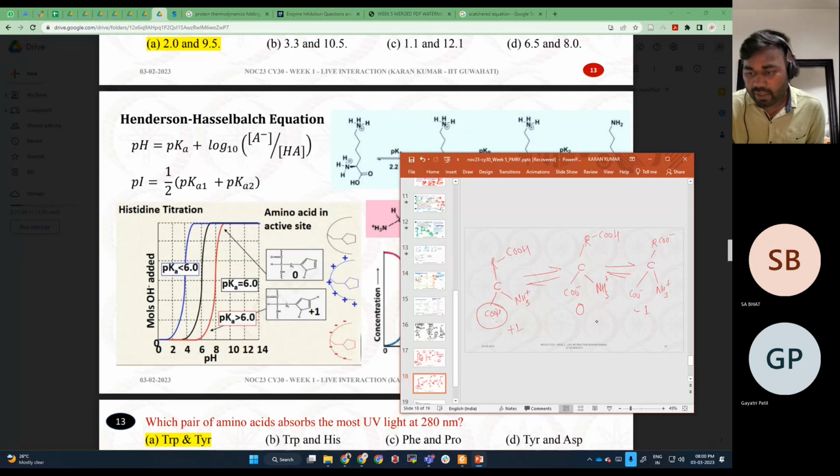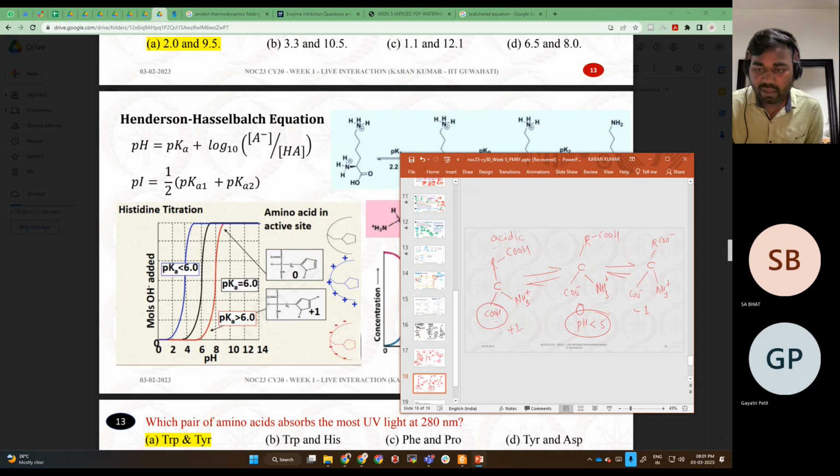So it will be in the range of below pH 5 or below pH 6. Aspartic acid and glutamic acid both have pKa values in the acidic range.